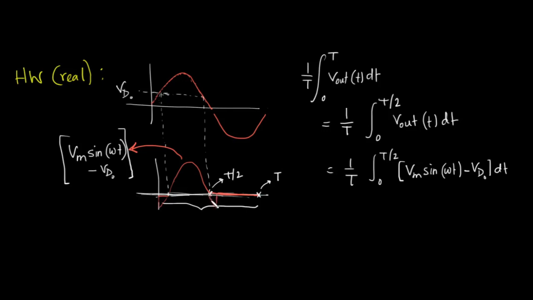But in the output of a rectifier, there is no such portion below the time axis. So this expression is also not completely accurate, because if we integrate this, we will also get a part of the signal that is under the time axis. But since Vd naught is usually very small, of the order of 0.7 volt or 0.6 volt, and Vm will be large, say in power rectifiers of the order of 200 volts, or even in normal applications 10 volt or 20 volt, we can actually neglect this part.